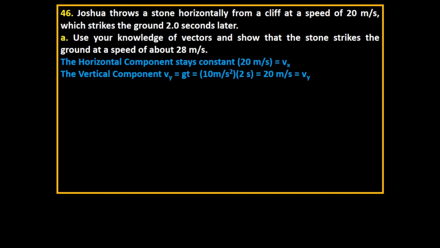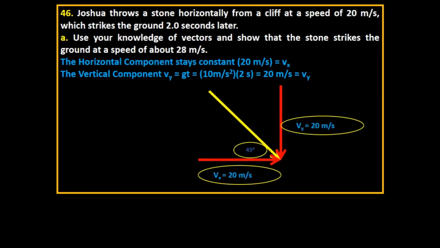So if you use the Pythagorean theorem, what is 400 plus 400? Square root of 800, and that's going to be the answer to the question, because 20 squared is 400 and 20 squared is 400. That's 800. So what's root 800? The yellow is going to be the resultant vector in hitting the ground.